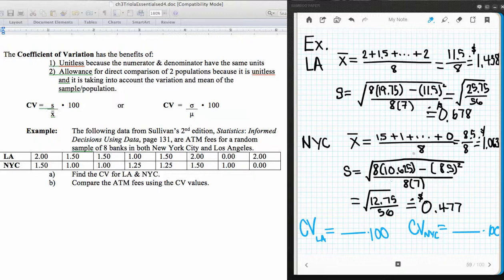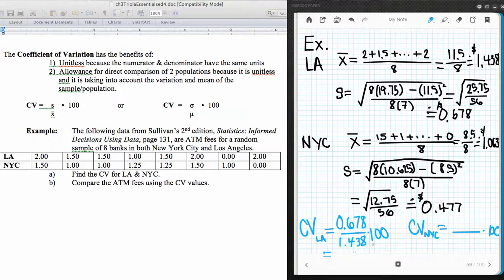Now once we get these calculations made, then we're going to create the coefficient of variation. Our coefficient of variation is the standard deviation. Now we're dealing with samples, so all we have is the standard deviation of the sample. So LA's standard deviation rounded to the nearest tenth of a cent is 67.8, and our mean for LA rounded to the nearest cent is $1.438, and then we're going to multiply that ratio by 100 to change it into a percent.